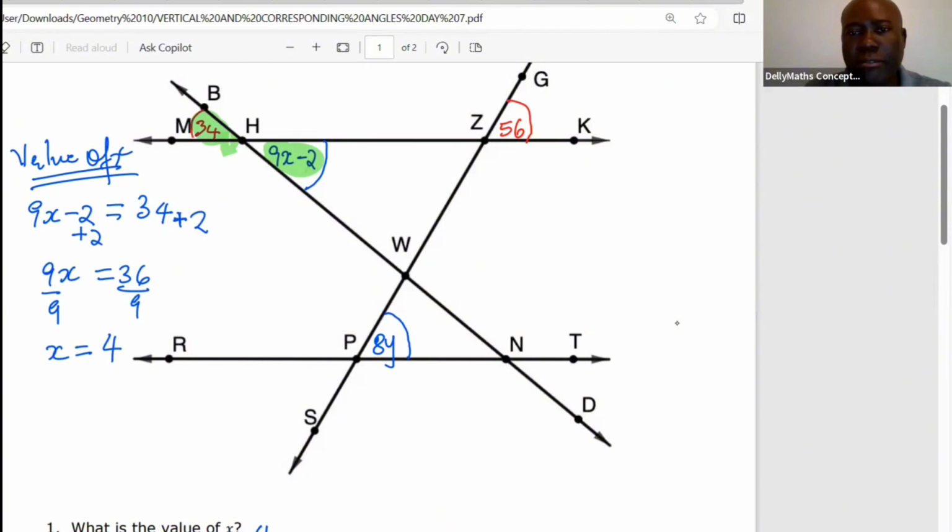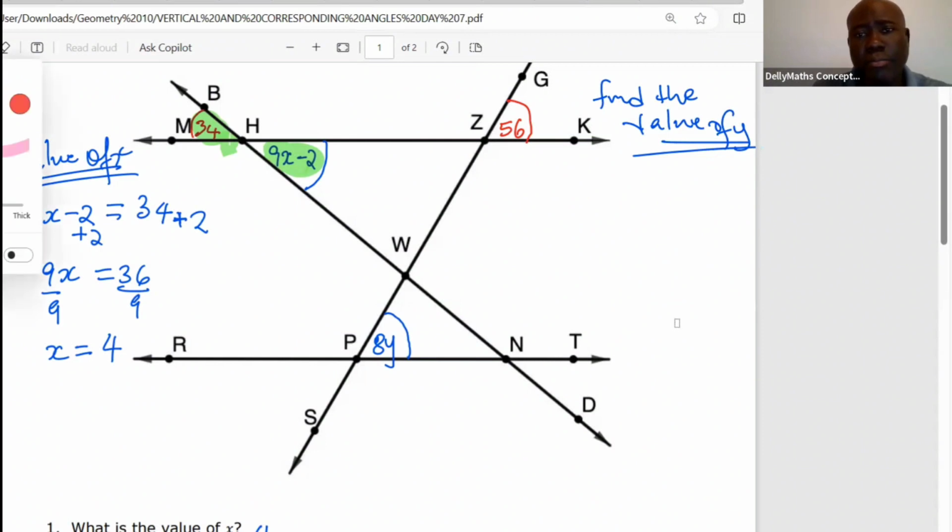Now we want to find the value of y as well. Again, I'm seeing y here, as in 8y, and I'm seeing an angle. So I'm going to take a look at how I could relate this idea.